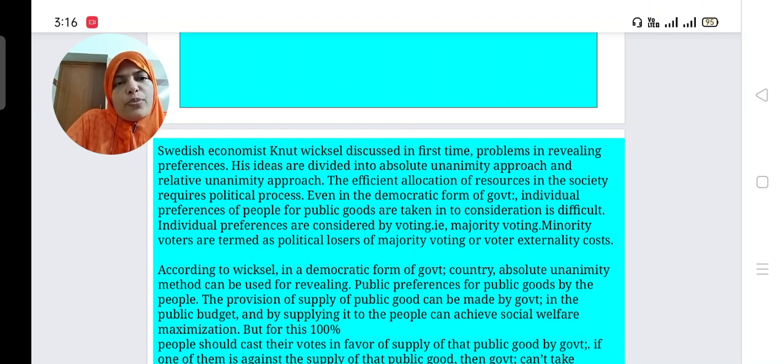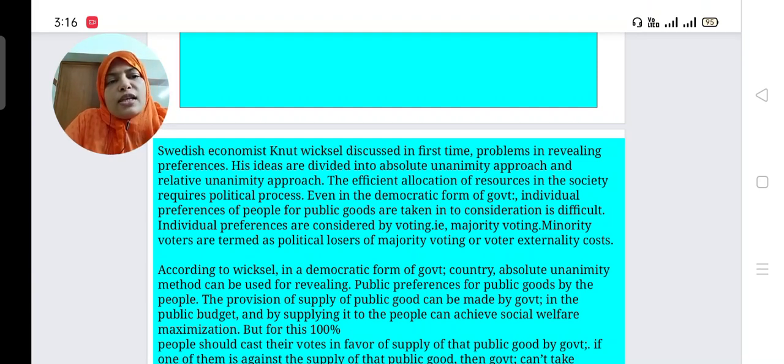The majority will support, but in some cases some people will not support this. In those cases they are called losers. Their votes are called losers. And majority voting is taken into consideration to determine the public goods.